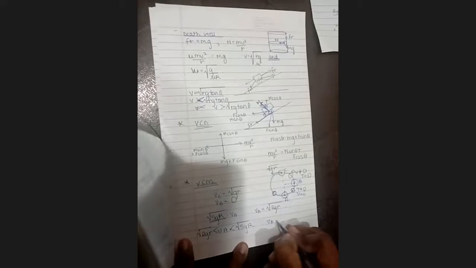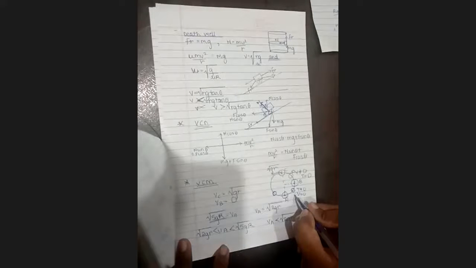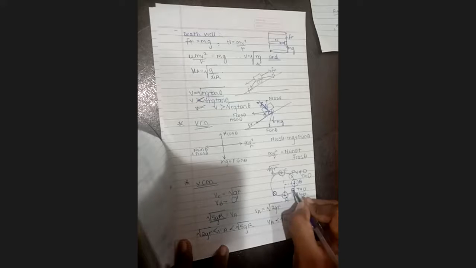If the velocity at point A is smaller than root 2 gr, it will go only till point E, which is between A and B, and it will oscillate in this way.